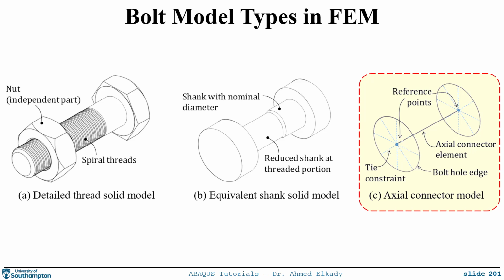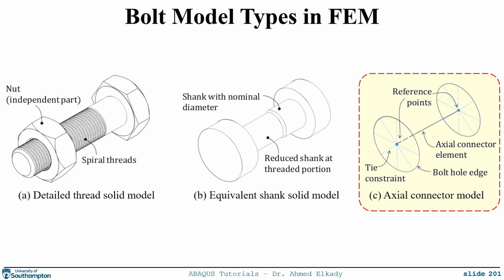Of course, going with the axial connector model, which is what we are discussing in today's tutorial, reduces significantly the computational time for your analysis. Instead of a solid bolt with refined mesh, which is typically the case if you want to simulate fracture, and then if you have multiple bolts in your model, the computational time increases exponentially.